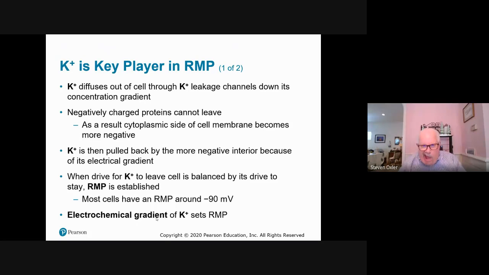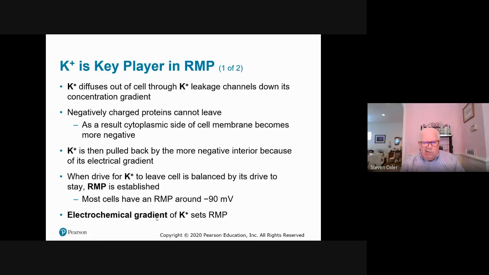It is potassium that has the major role in the resting membrane potential. The electrochemical gradient of potassium sets the resting membrane potential.